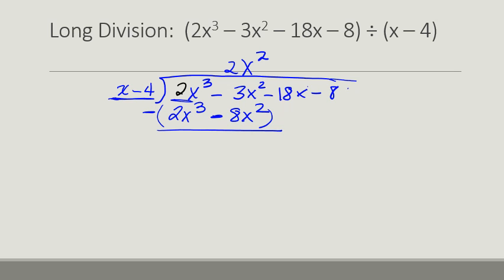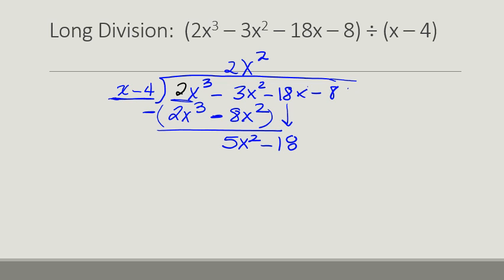Negative 3x squared minus a negative 8x squared is the same as negative 3x squared plus 8x squared. So it gives me 5x squared minus, and then I'm going to bring down the 18, just like you did in long division.